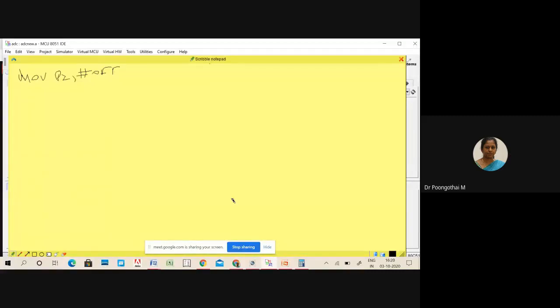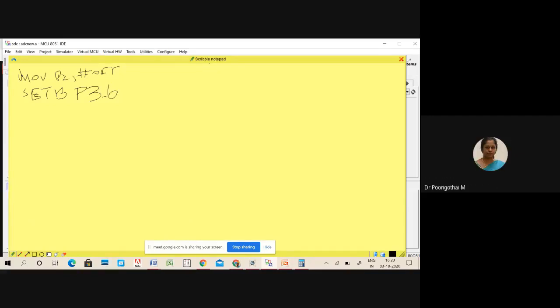And next, so what is the purpose of this instruction? Set bit P3.6. What is your P3.6 here? Students, please tell me. What is P3.6? End of conversion. Okay.